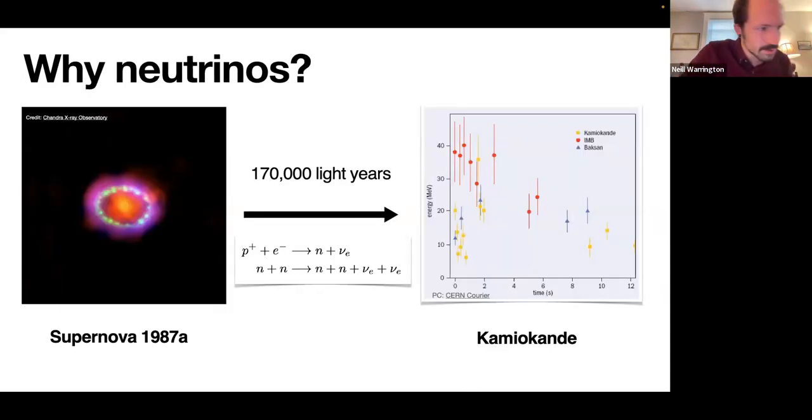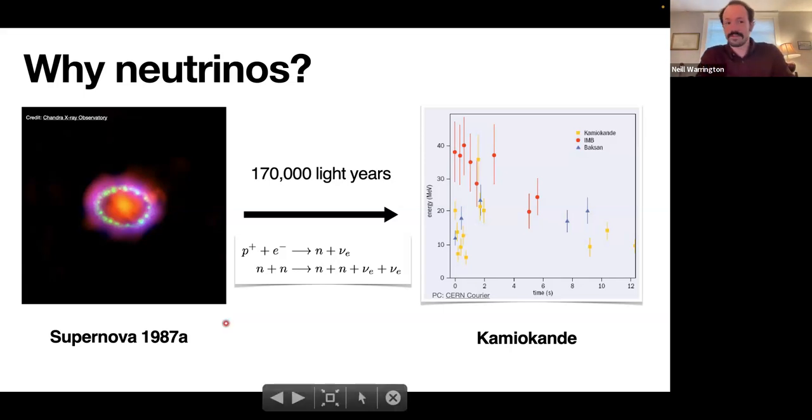You can figure out that neutrinos are an important aspect of core collapse supernovae by staring very carefully at the data that comes off of supernova 1987A. Basically, this is a picture put together of the supernova by the Chandra X-ray Observatory. This is actually a superposition of light of a varying number of wavelengths. It takes a wide band to put together these details.